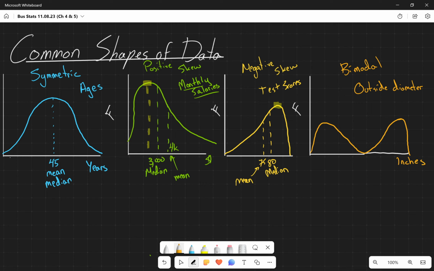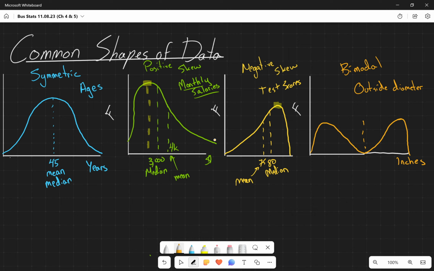And strangely enough, the mean of this particular distribution doesn't actually tell us very much at all, right? It gives us the value in between those two central locations.